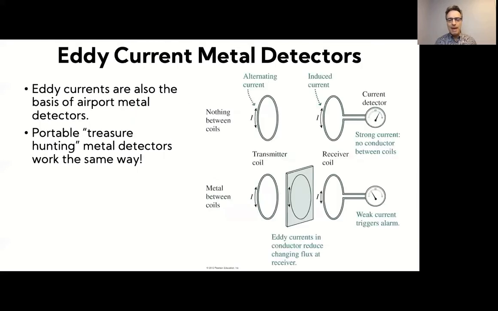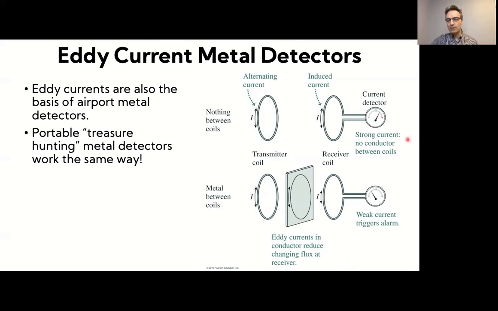One thing you may have been subjected to is going through a metal detector, and typically that's where eddy currents play a role as well. The way a metal detector works is you have a transmitter coil and a receiver coil. Your transmitter coil has a current that generates a magnetic field that induces a current in your receiver coil, and you measure that current.